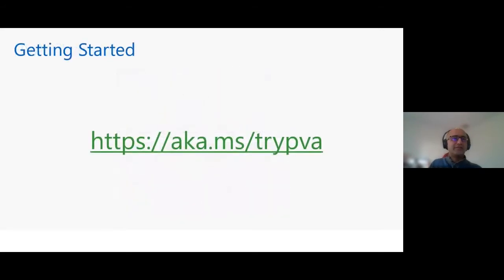To get started with Power Virtual Agent, I have included the short URL to create a trial environment. It is aka.ms/trypva. And once we sign up for a trial, we can keep using that trial for 2 to 3 months.